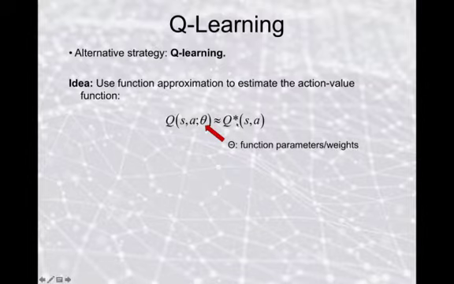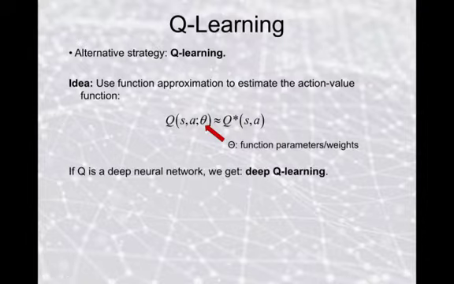So, just to make that clear, we want to approximate the Q values, that is, all the state-action pairs for the optimal policy. One way you could do that is to use a deep neural network. If you use a deep neural network to approximate the Q values, the state-action pairs, then you have deep Q learning, and that's exactly what the Atari DeepMind paper does.